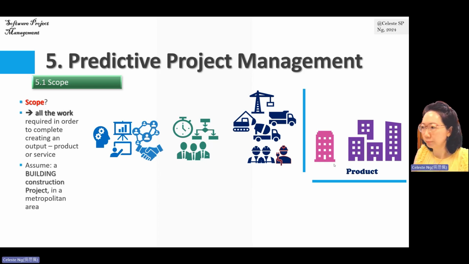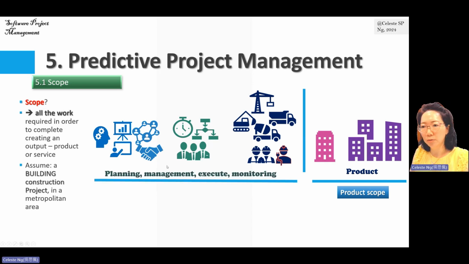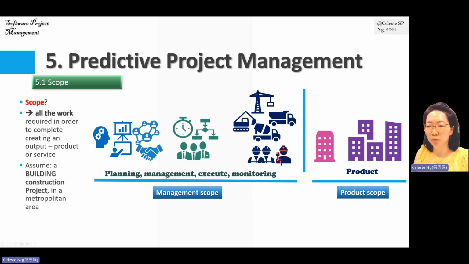Basically, the work includes the work required to produce that particular product. We call it product scope. And we will also have related management scope, which includes doing the planning work, management work, execution work, and monitoring work.